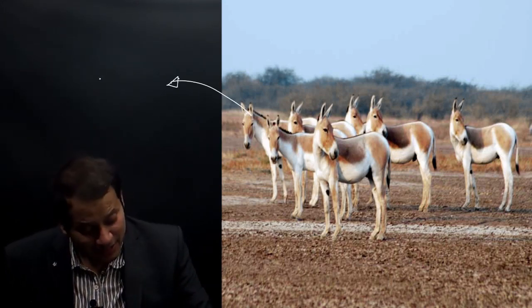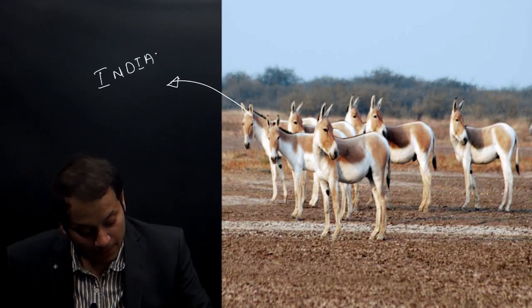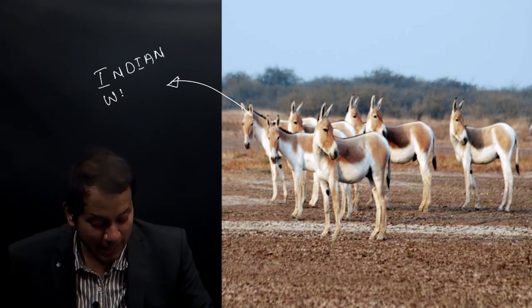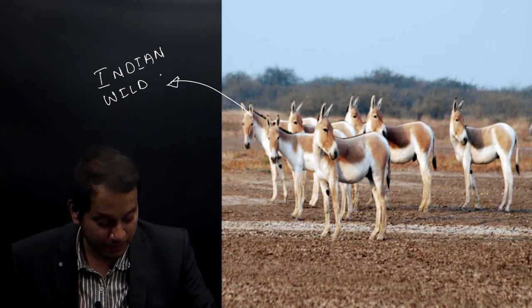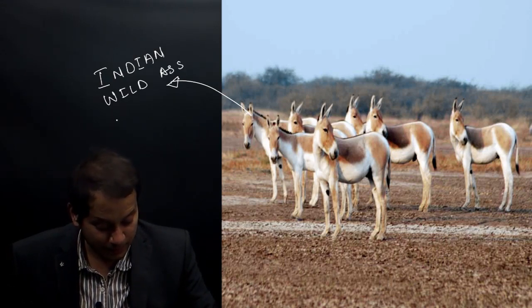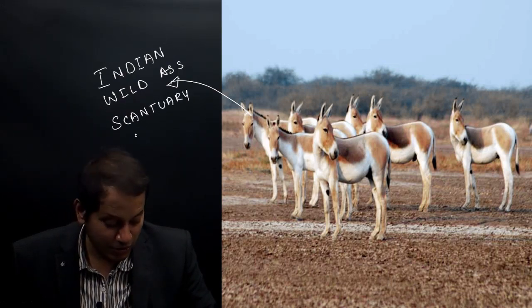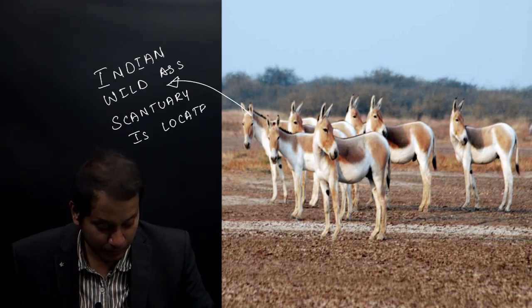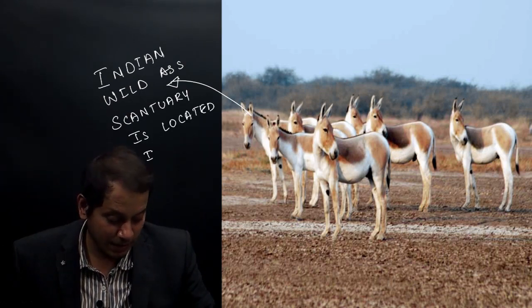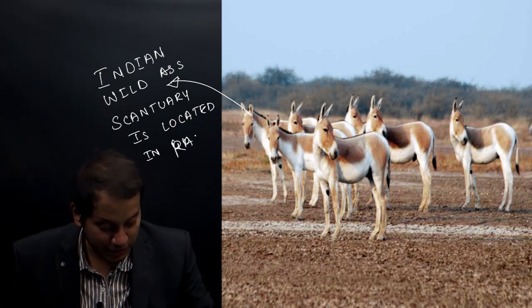So the Indian wild ass sanctuary is located in the Gulf of Kutch region, in the Run of Kutch region.